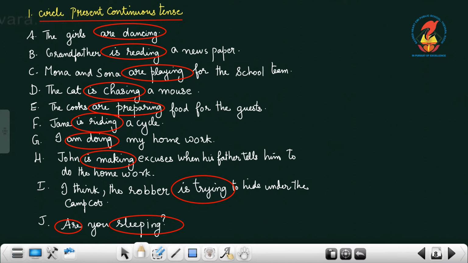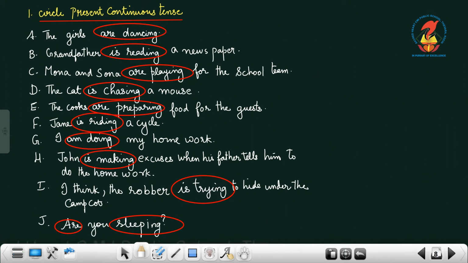Grandfather is, plus, grandfather is one person, plus read plus ing, is reading a newspaper. The next one, Mona and Sona, it's plural. Okay, so are playing for the school team. Are plus play plus ing, are playing.